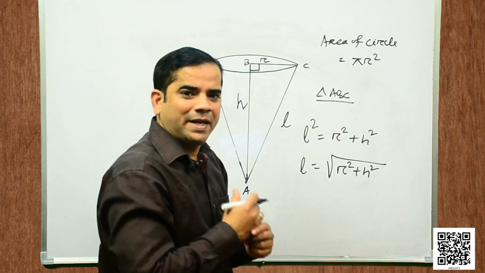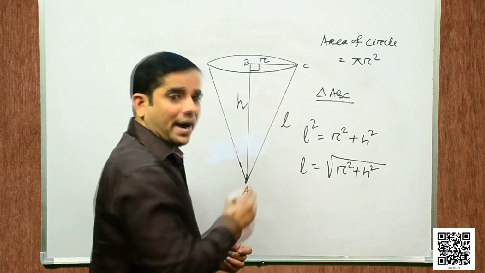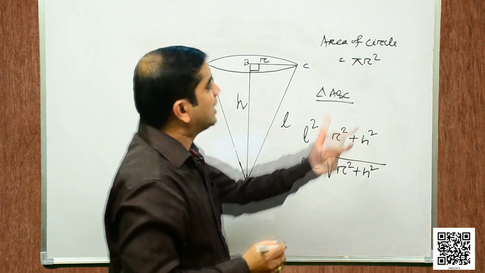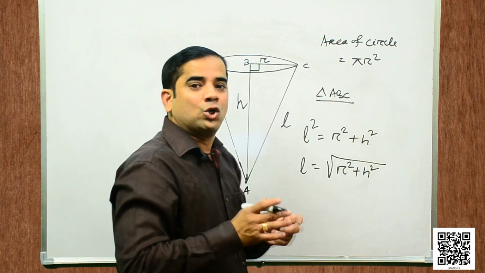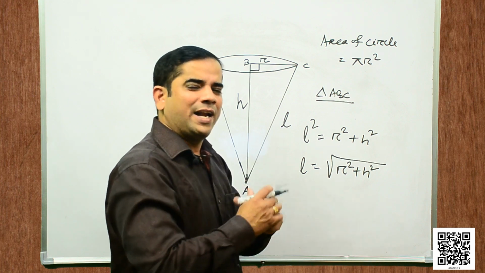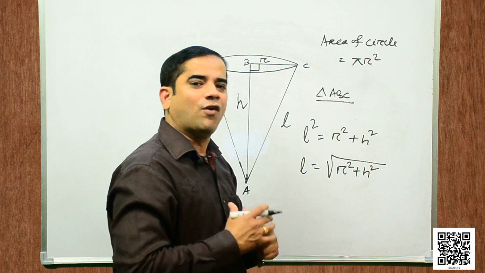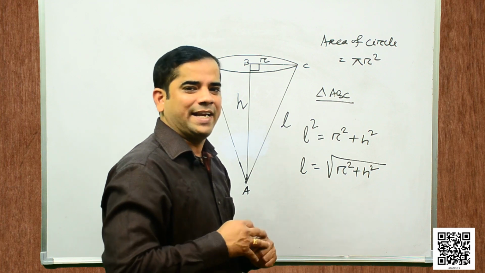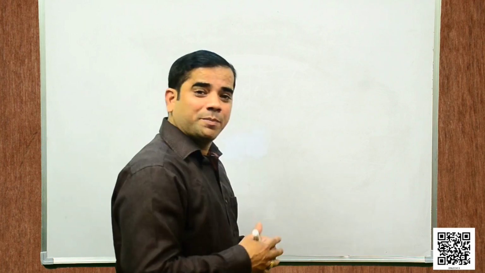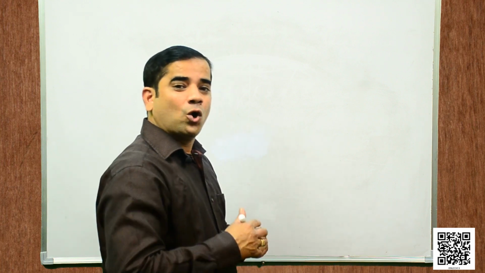That means when I need to find out the total surface area, I have to add the area of the base to the curved surface area. So let us find out what should be the formula for the total surface area of a cone. Students, what should be the total surface area of the cone?